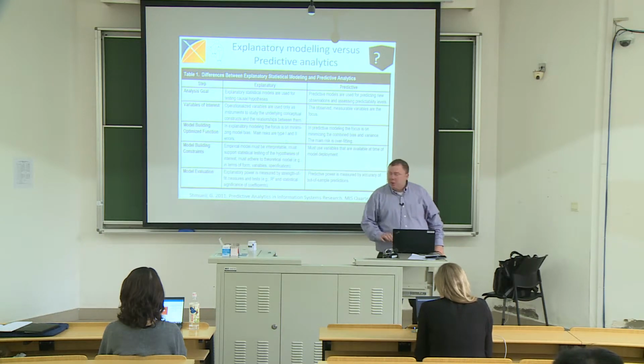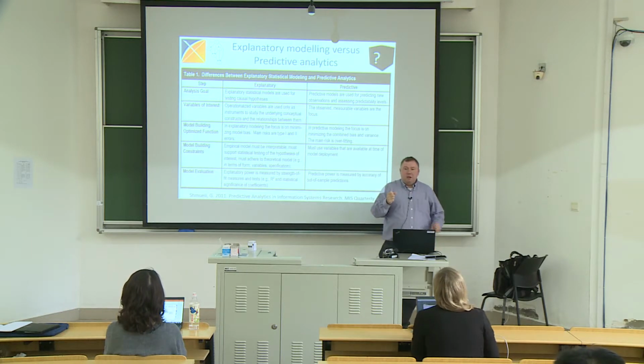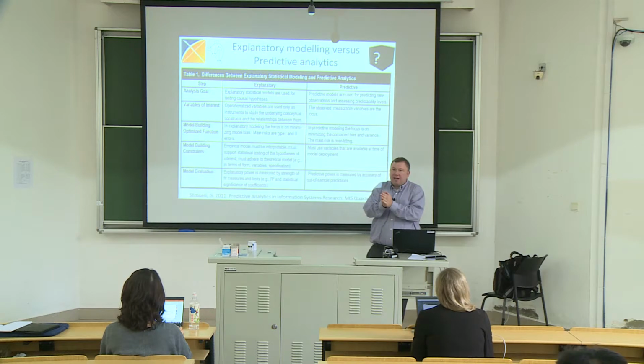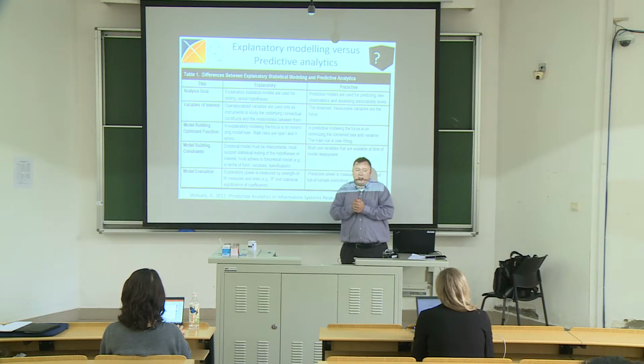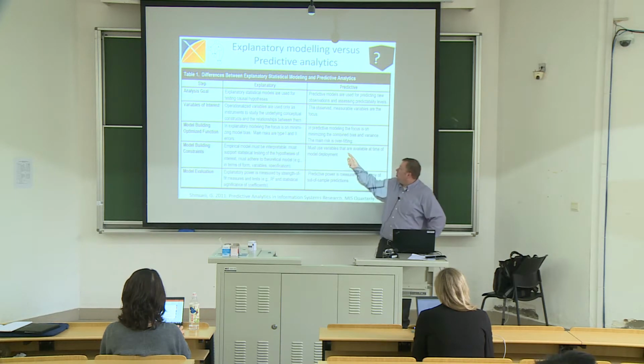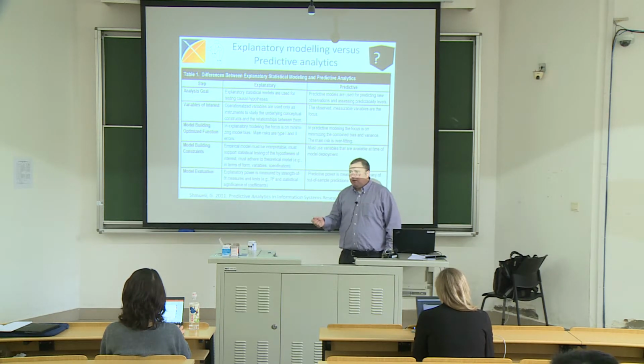When we're doing explanatory modeling, the goal is actually to minimize bias, meaning to produce an estimate that is as close to truth as possible. That's actually not the goal in prediction. In prediction, we're actually trying to minimize both bias and variance.